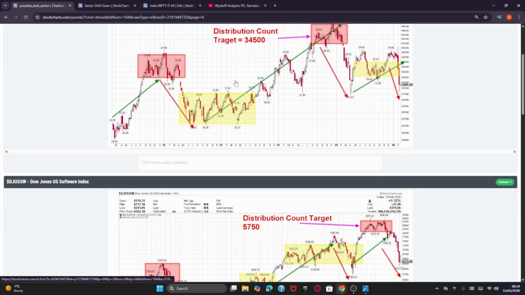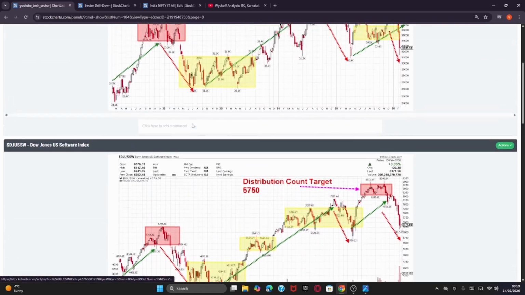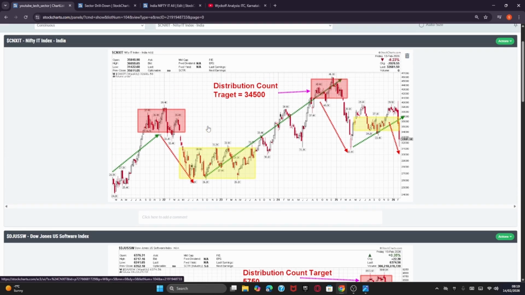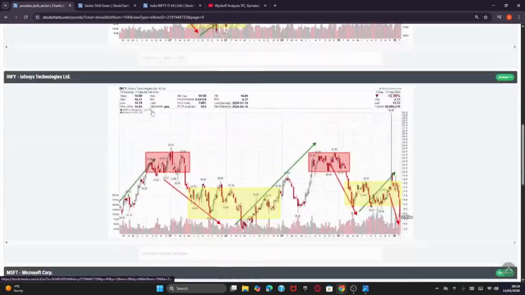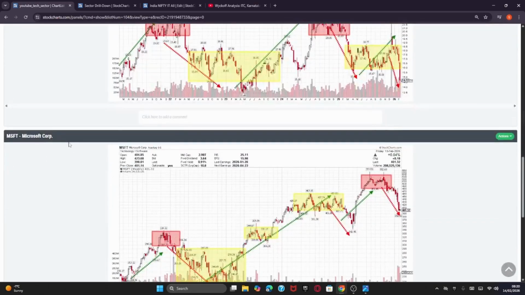So this is at the index level. What I would like to show you is, if you take an individual company, a market leader in that IT sector, it also looks very similar to what the index is doing. For IT, I have taken Infosys as the representative of the Indian sector, and similarly for US software, I have taken Microsoft.